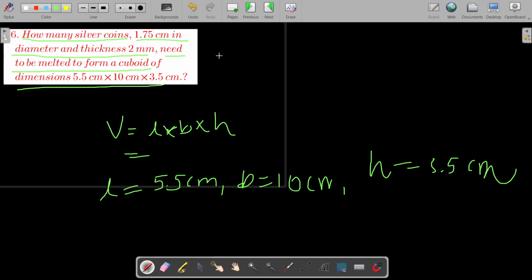And we have a coin. We have a coin with this thickness. This is the thickness of the coin, and this is the diameter. Diameter is full length. D is 2 millimeters. So for calculation, we need the radius of this coin.